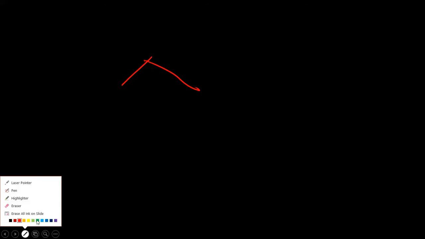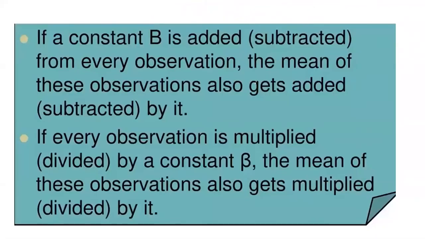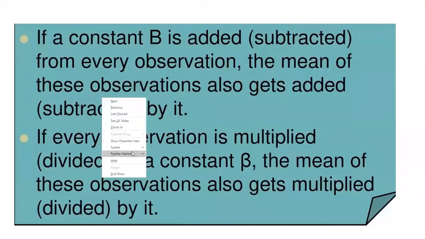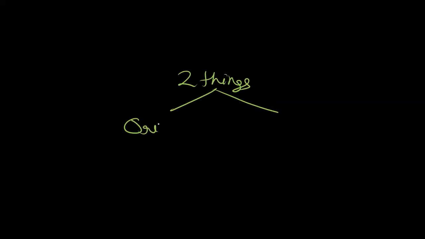Generally, two things are there. One is origin and one is scale.